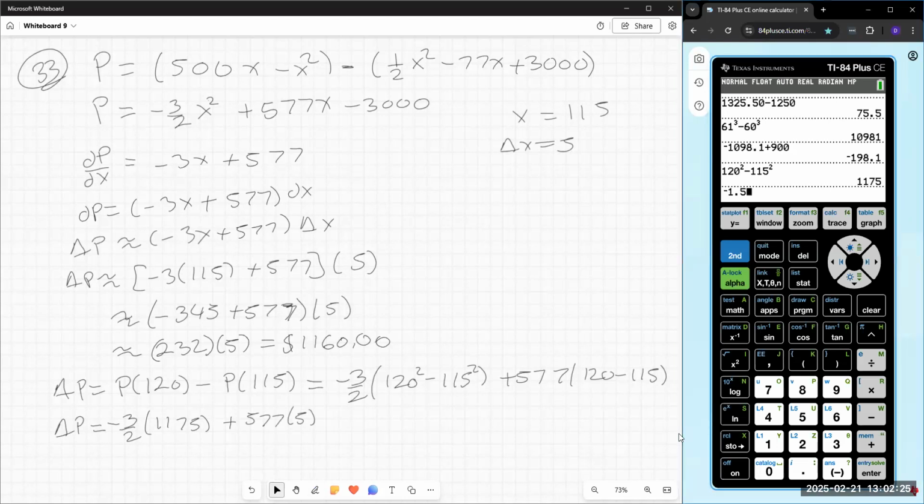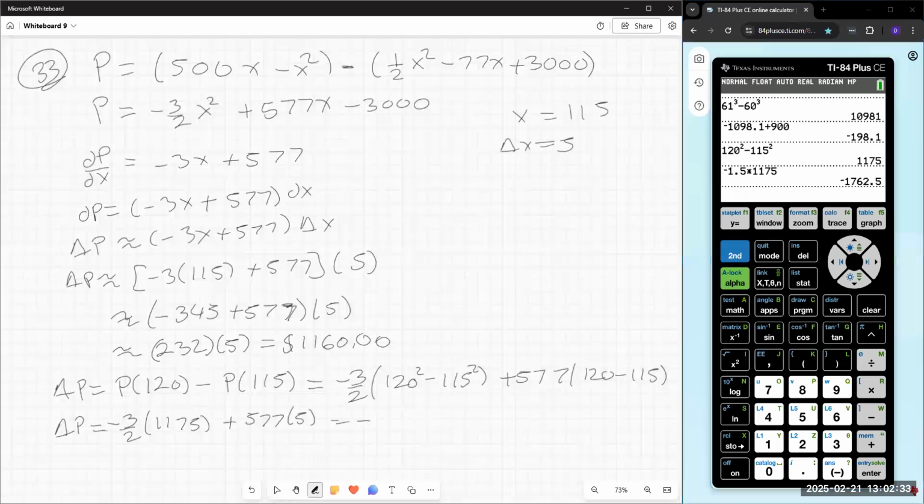So -1.5 times 1175 is -1762.50 plus 577 times 5.